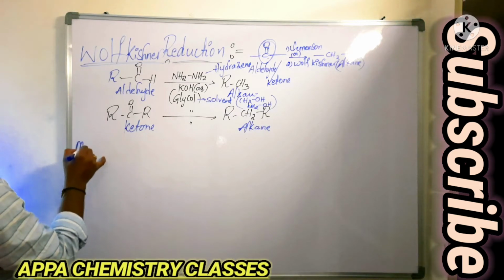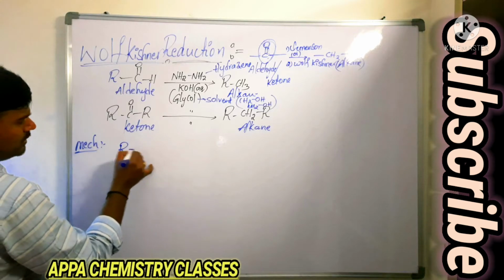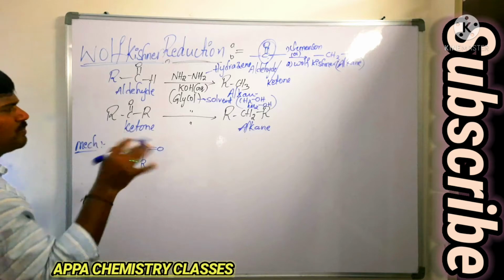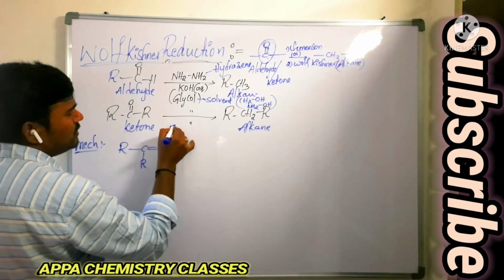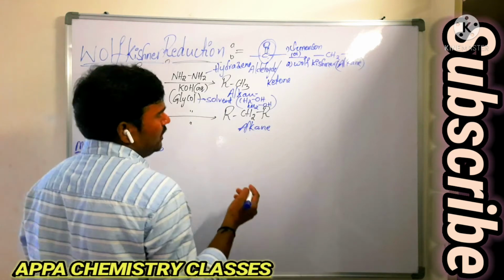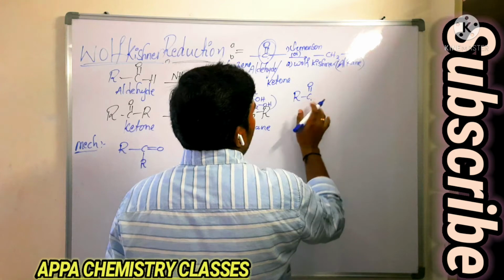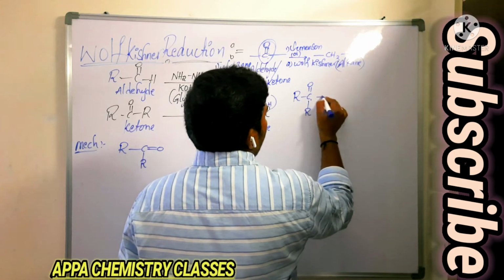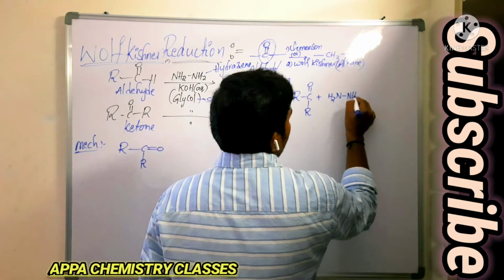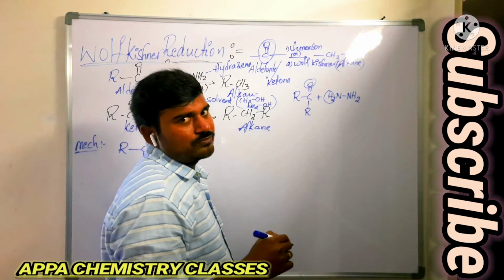Now you see the actual mechanism, what happens. Now we are taking this carbonyl compound. So in this case, simple. How to remember this Wolff-Kishner reduction, I will tell you here. That is R C double bond O, R is there. When it reacts with hydrazine, NH2, NH2, this oxygen is lost as water.